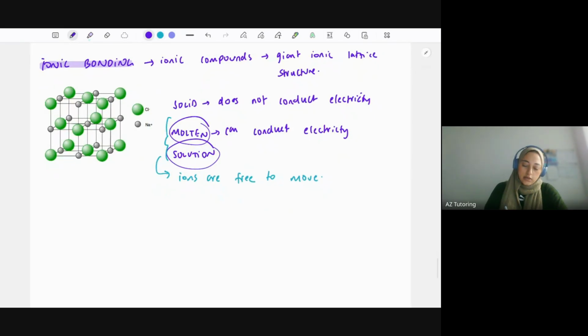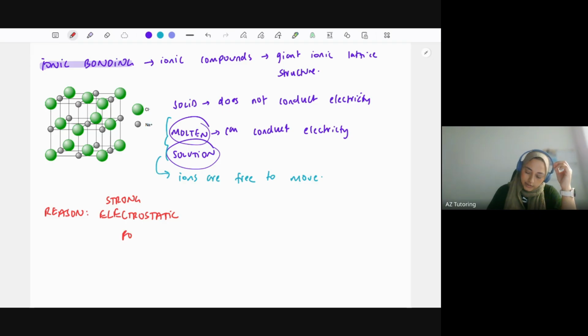They might ask, what's the reason that ionic compounds have very high melting and boiling points? And the reason that you give, and I'm going to put this in red, because the reason you give is different depending on which bonding it is. For the case of ionic bonding, it's strong electrostatic forces.